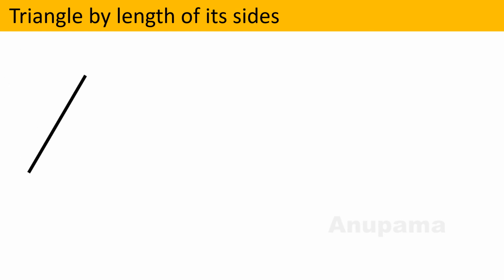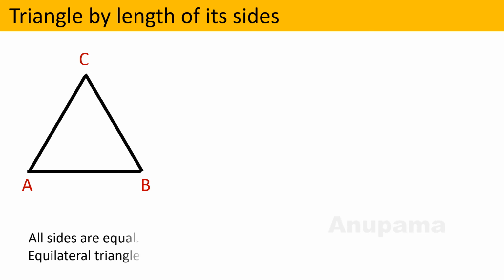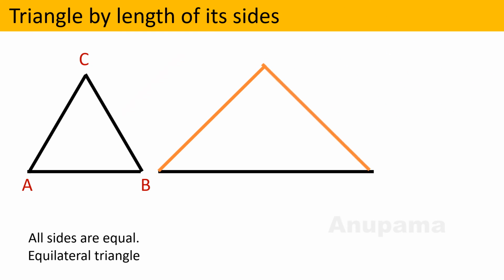Next kind of classification is on the basis of length of its sides. First kind of triangle where all three sides are equal. These kind of triangle where all three sides, AB equal to BC equal to CA, are called equilateral triangle. Second kind of triangle where two sides are equal. For example, in this triangle ABC, side AC and side BC are equal.